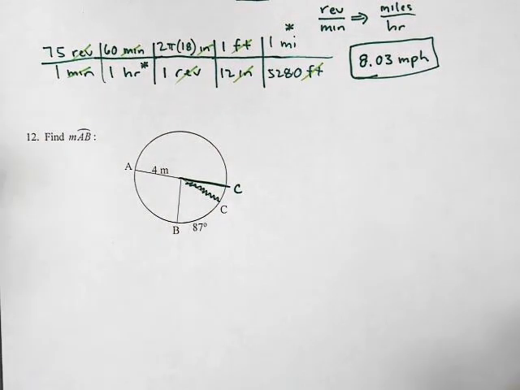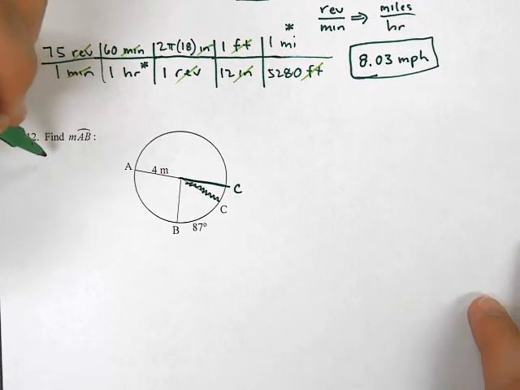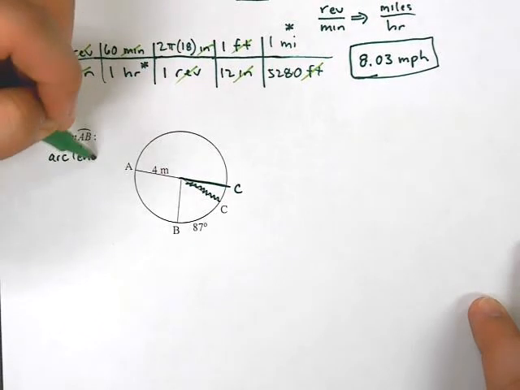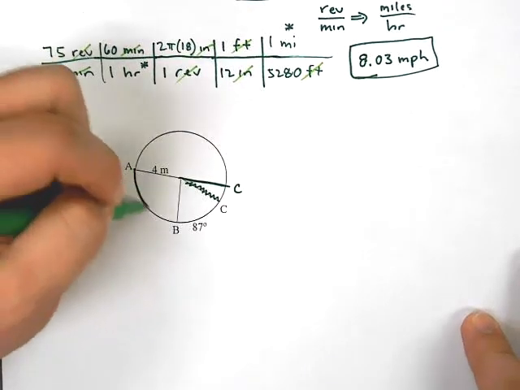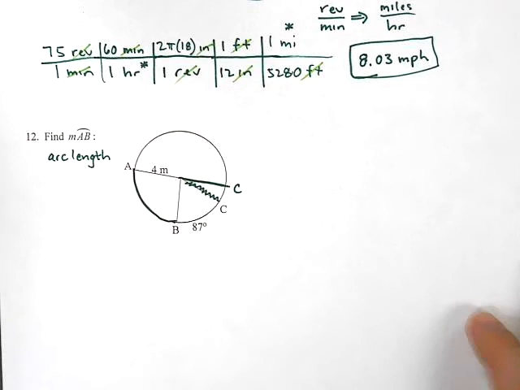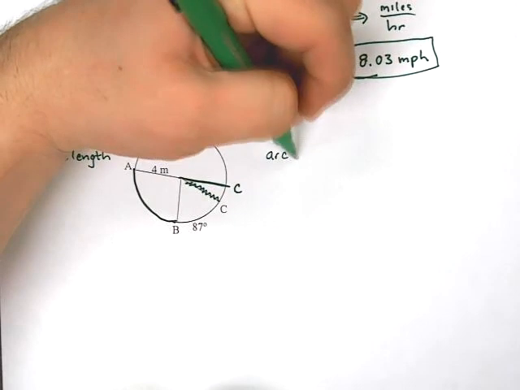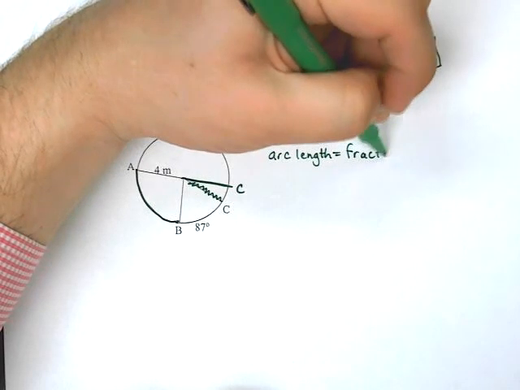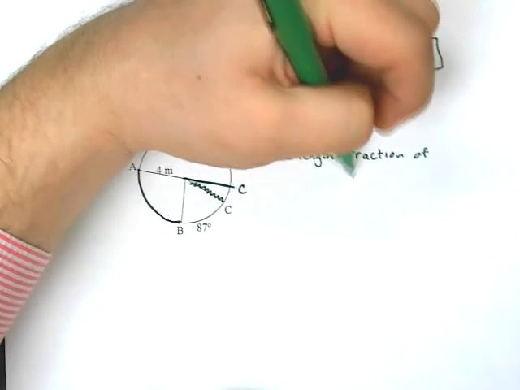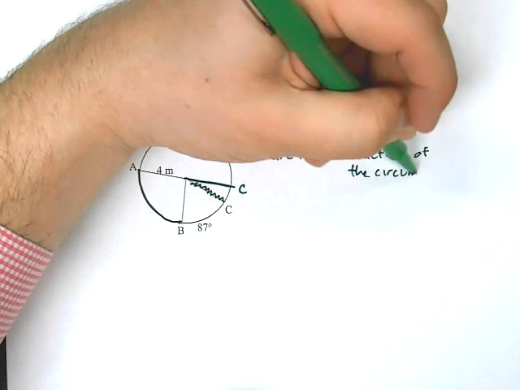So remember, if we want the measure of AB, that really means that we want the arc length. I want the arc length of A to B right here. Now, if you remember correctly, this is actually really similar to sectors, which we just did. We need to remember that arc length is a fraction of the circumference.